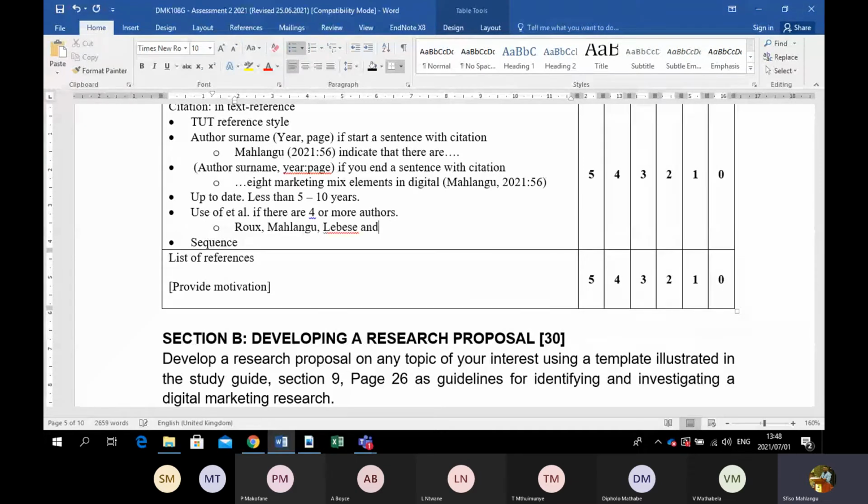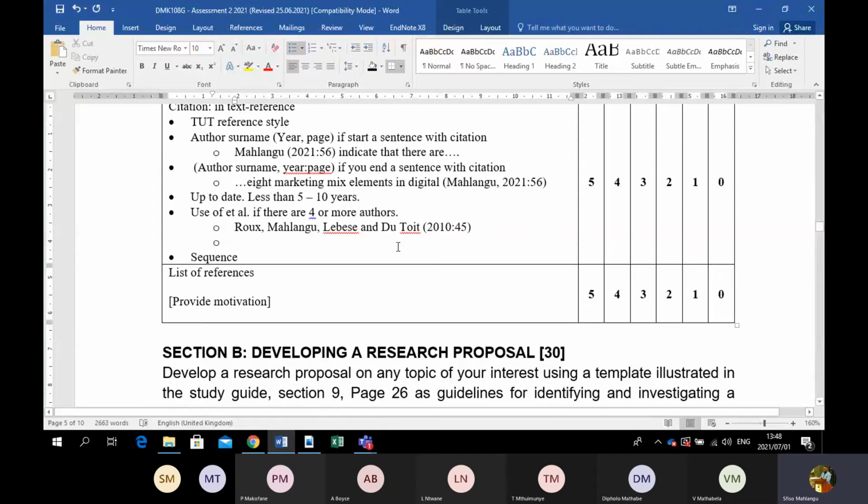And was published in 2010, and there's page 45. Instead of writing all authors, because there are 4, they use the words et al. Like that.